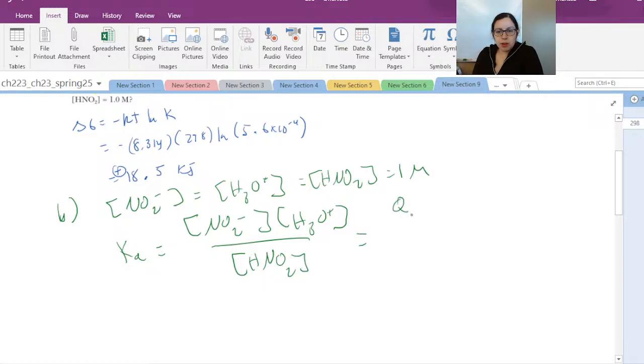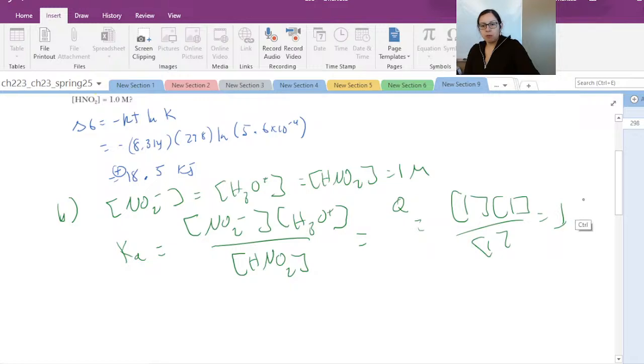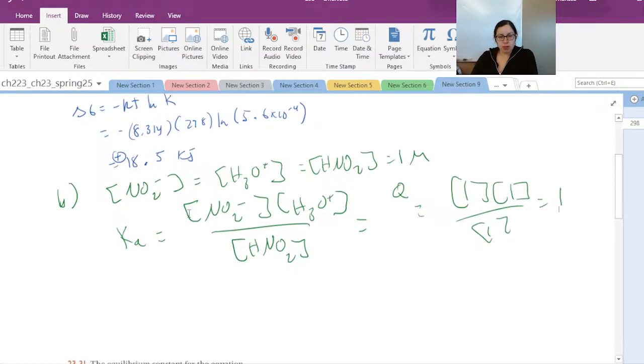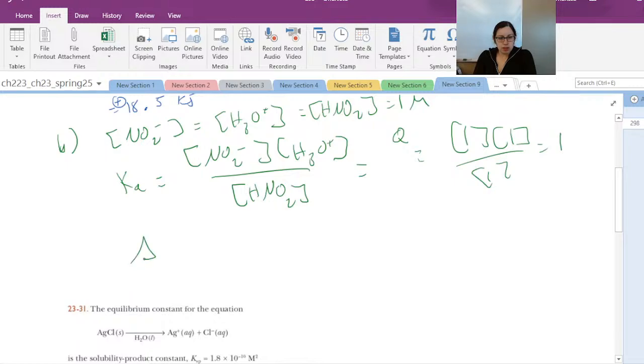So then our Q, right, is 1. And so then we can plug it in to our other equation. Delta G equals RT ln of Q over K.